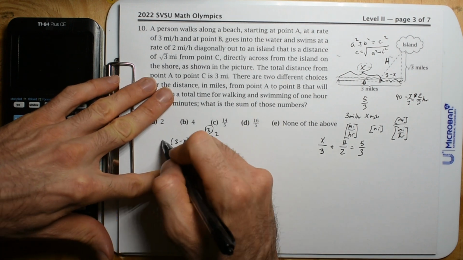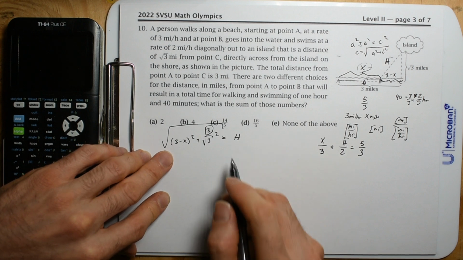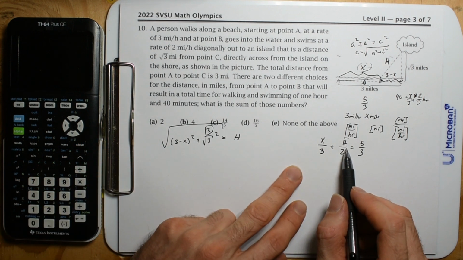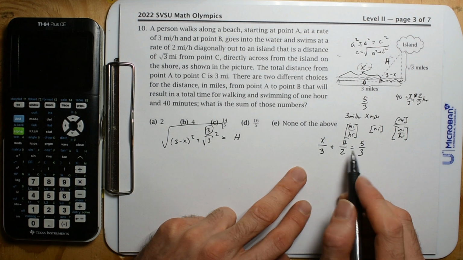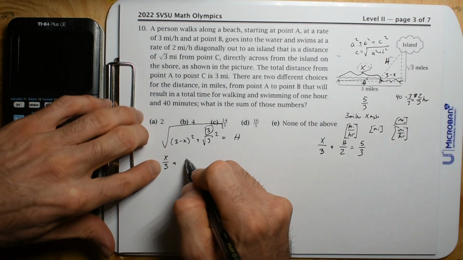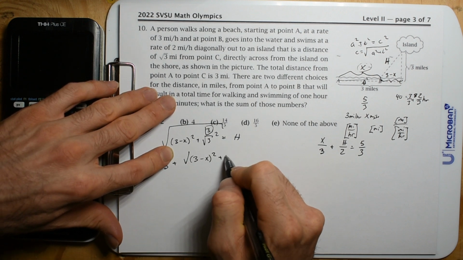And then the square root of all this is going to equal h. So sweet. We're going to put that in for h right here. So we have x divided by 3 plus the square root of (3 minus x) squared plus 3.